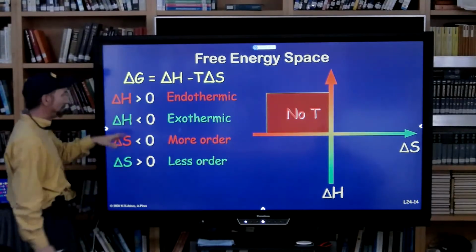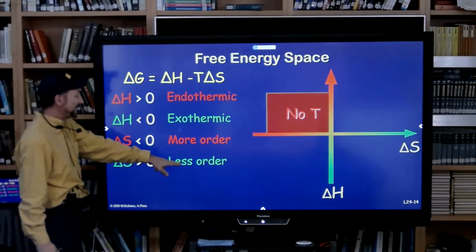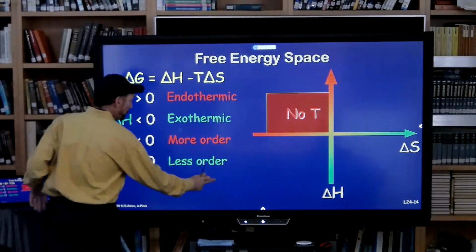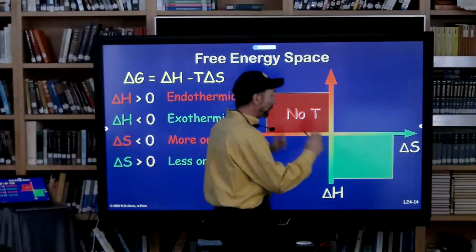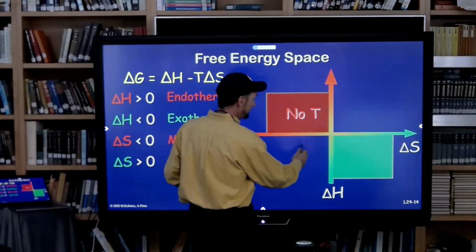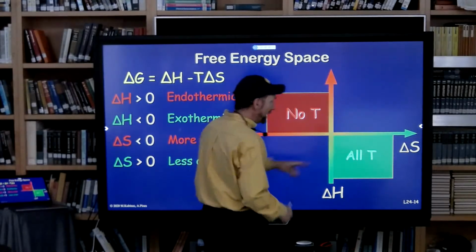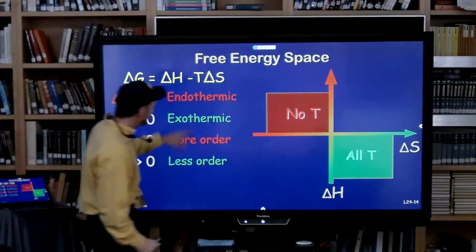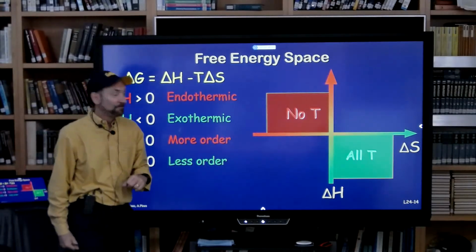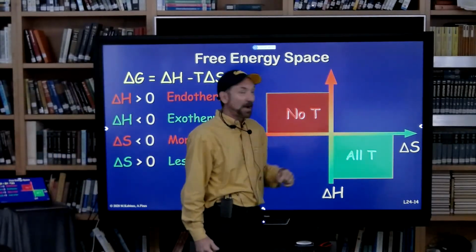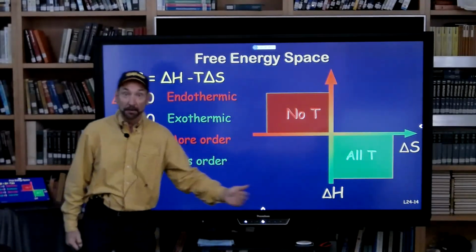And you can do all the combinations, of course. If it's exothermic, that helps you. And if it goes to a less ordered system, that is an increase in entropy, then both of those signs tend to make delta G negative. And those processes go at all temperatures. That is, they're spontaneous at all temperatures.